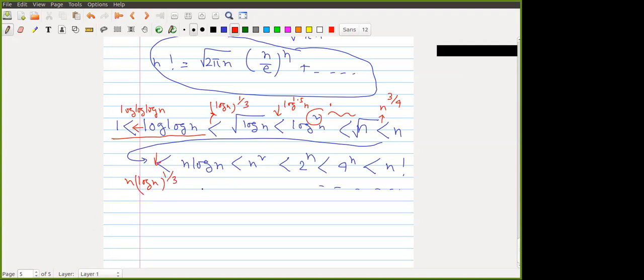Whatever I have written here is more or less an order, but you can define as many functions as you want in between them. You understand my point?